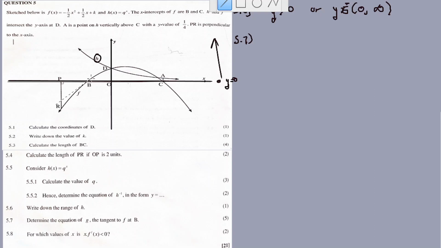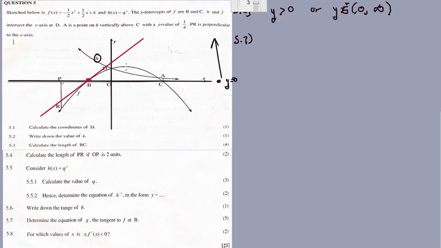This is the line. So this line touches the parabola at B.